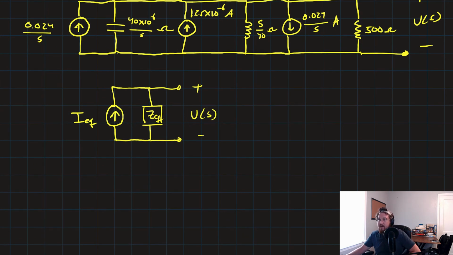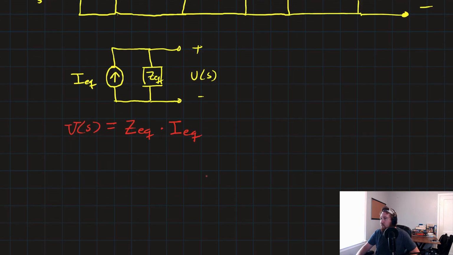Now we know that our VS is just going to be equal to, let's use red, ZEQ times IEQ. So we just need to find what our IEQ and our ZEQ are.